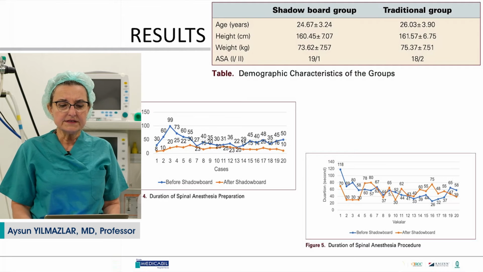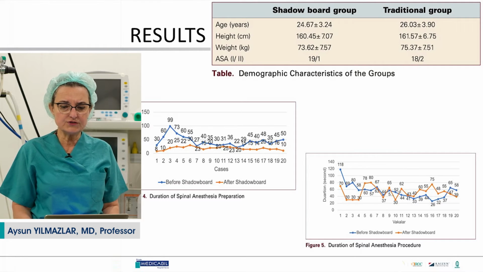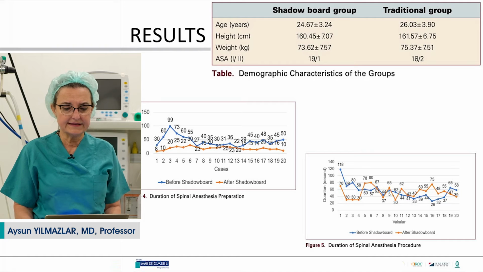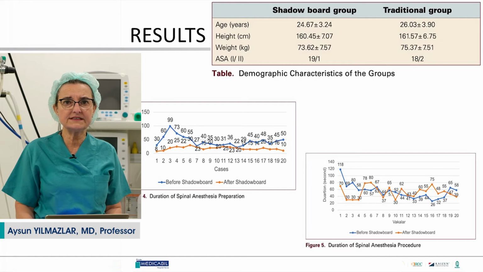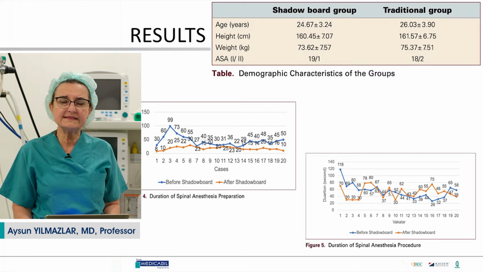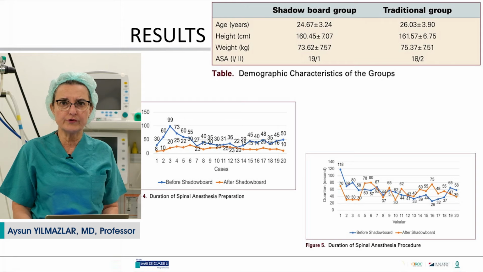In this table, there are no differences between the two groups. We can see here the duration of spinal anesthesia preparation is shorter than the traditional method. And also the duration of the anesthesia procedure is short in the shadow board spinal anesthesia preparation.